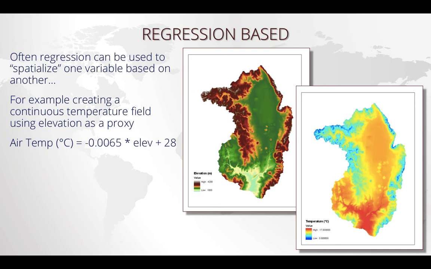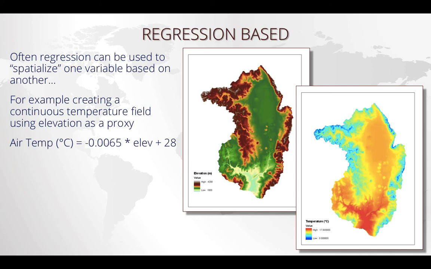And this really simple example is simply using the atmospheric lapse rate of 6.5 degrees Celsius per kilometer and giving it a starting value and temperature from a fixed location in the upper Rio Grande Valley, and then I can compute the temperature at any other location in the upper Rio Grande Valley.